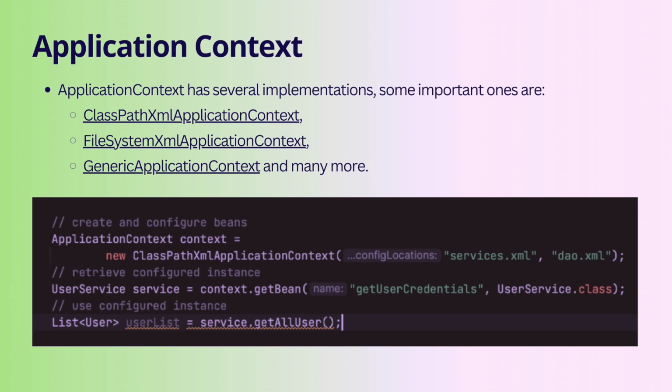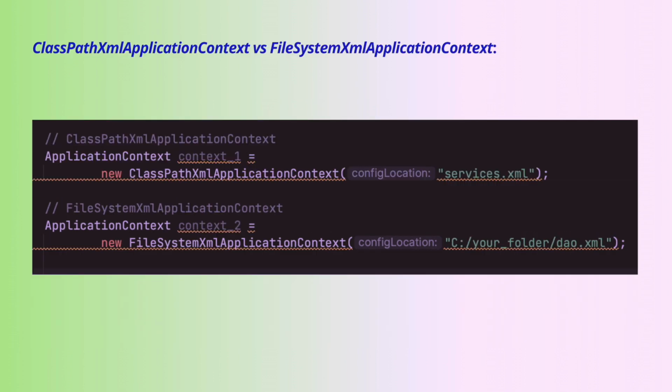Now what is the difference between class path and file system? Here I am using class path, but for your knowledge I'll just show you that class path and file system are both the same. It's just that class path refers to wherever your project folder is.